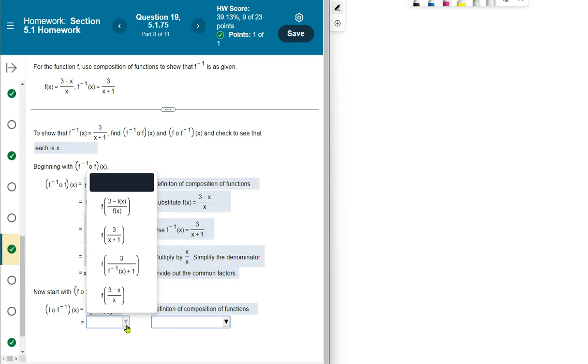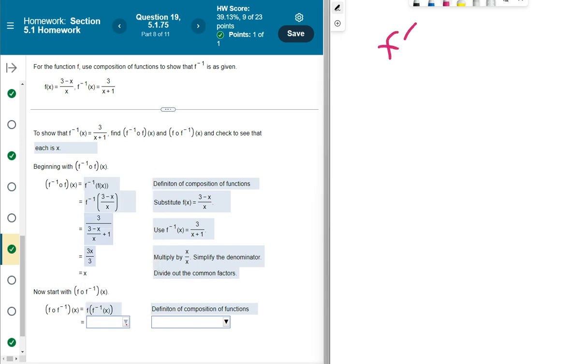Okay, and then the next one pops up if I hit the drop down box. We are calculating f of f inverse of x this time. So we're putting the blue function into the pink function. The blue function is my inverse.